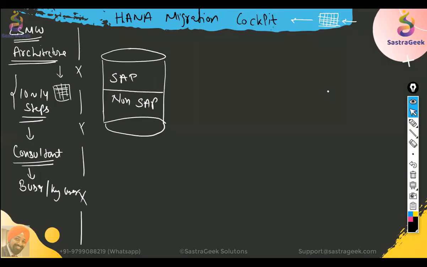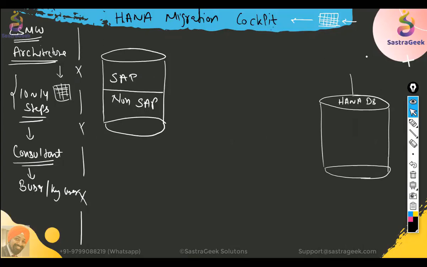Here you would have your HANA DB, HANA database, which is connected with your S/4HANA application layer. So this HANA migration cockpit is sitting on the application layer in your S/4HANA.